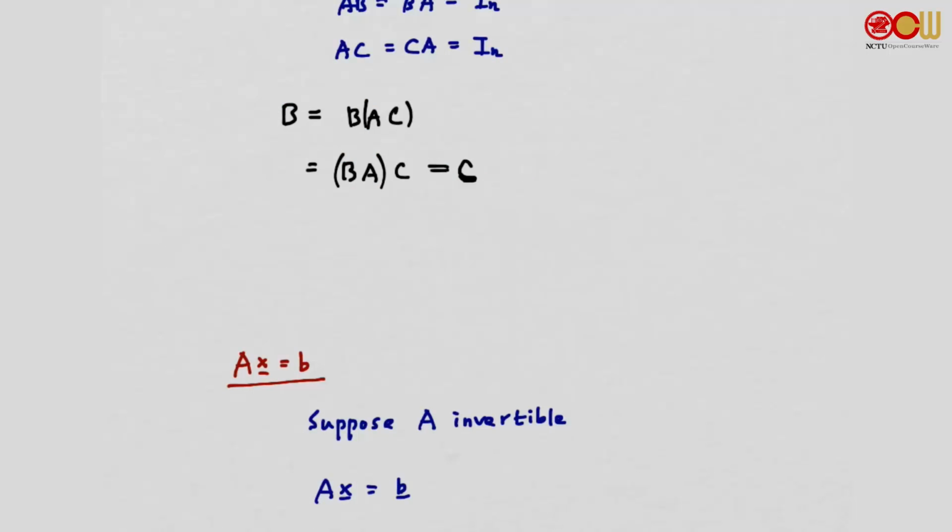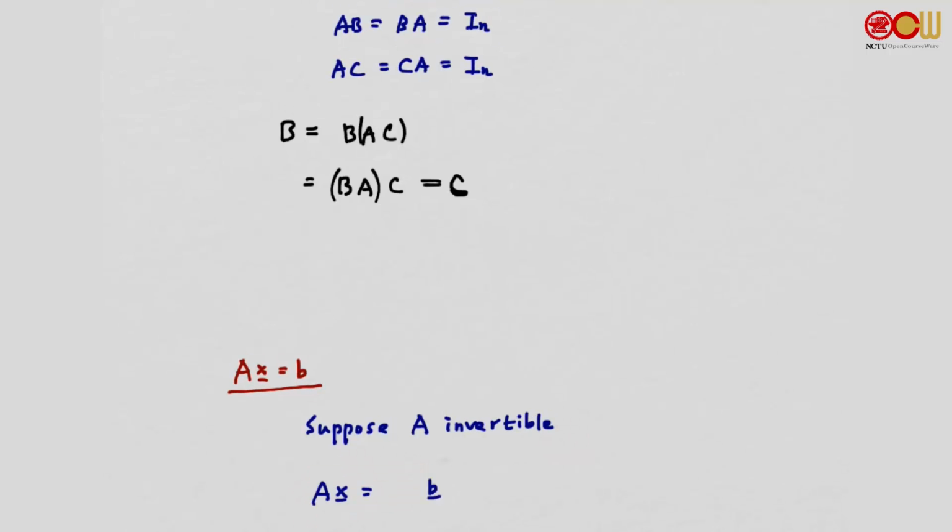Now let's talk about the relation between invertible matrices and the system of linear equations AX equal to B. When A is an invertible matrix, we would like to know about the solution of AX equal to B. If A is invertible, then we can multiply A inverse on both sides of the equation. Then we know this will give us the identity matrix.